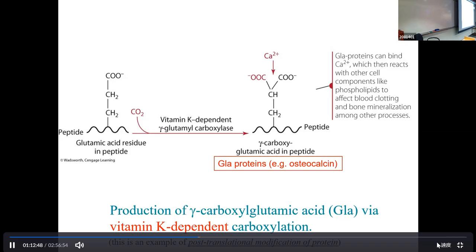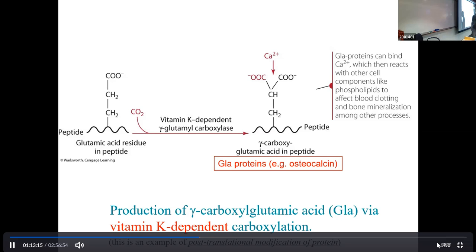Yes. So your genetic sequence will determine to make the osteocalcin. Then adding COO to it is just modifying that protein so that it will better bind calcium.